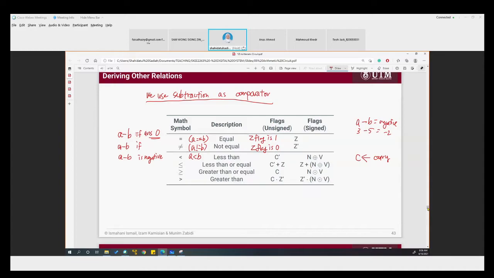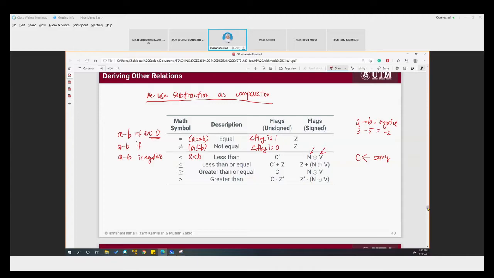And then for signed, we will check the negative flag and the overflow. If A minus B is negative, the carry will be 0.